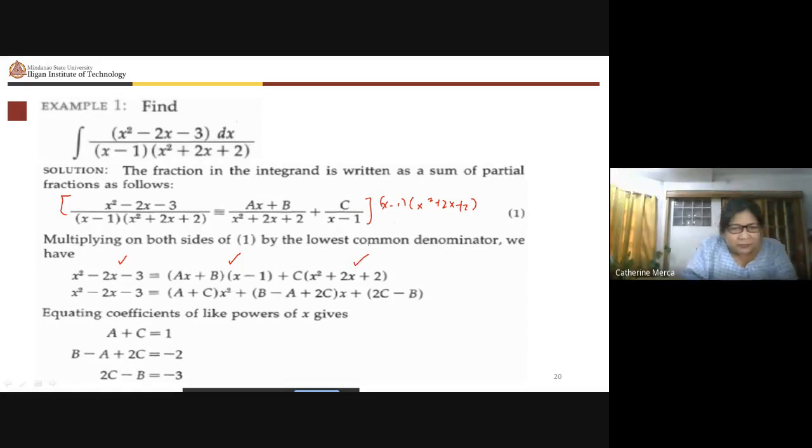So you have this. On the other hand, now, what do we have? From here, a plus c x squared, you can actually rewrite this as, when you multiply ax plus b times x minus 1 and multiply c times x squared plus 2x plus 2, you can segregate all values which has an x squared.